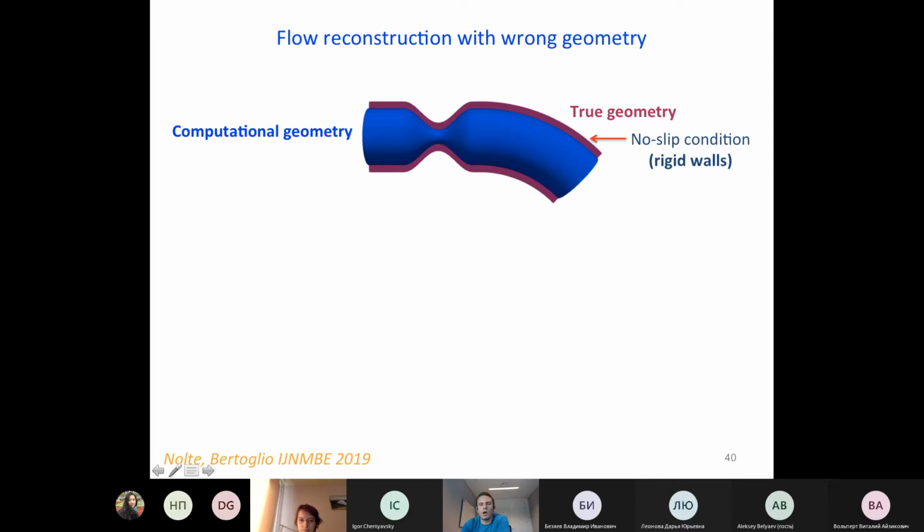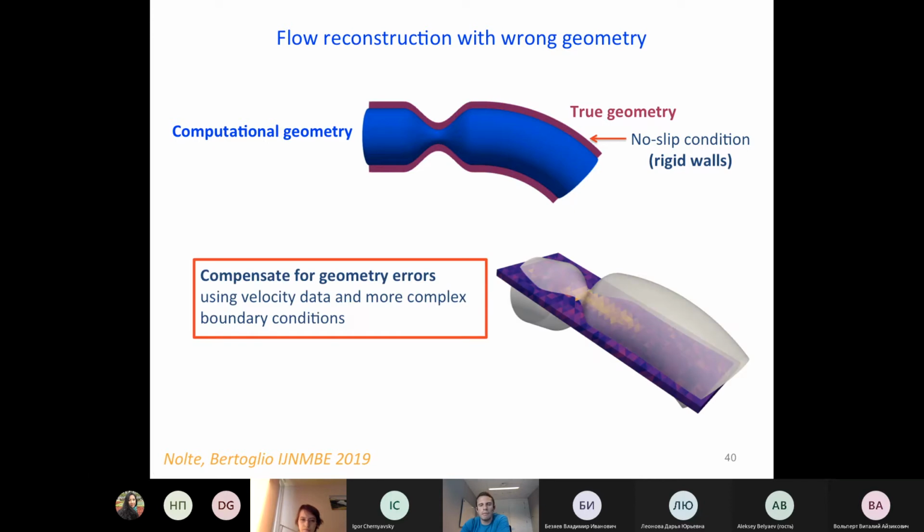And we will try to compensate for those errors by including additional information. Which type of additional information can we include? Well, if you're doing MRI, you can include velocity measurements. So the question is now how we can actually use velocity measurements, which are also of limited quality, right, to compensate for those geometric errors.